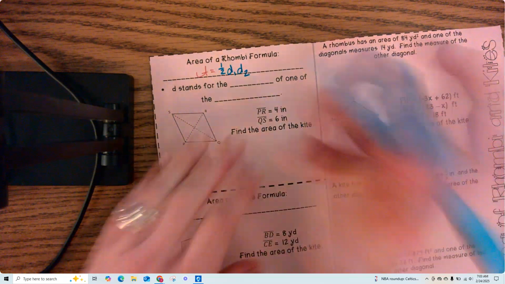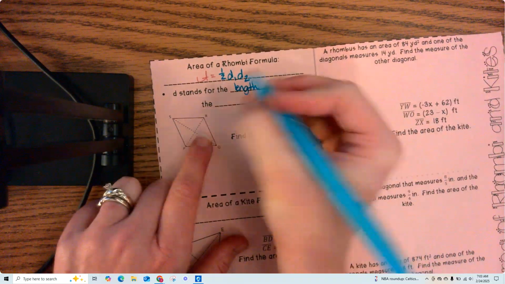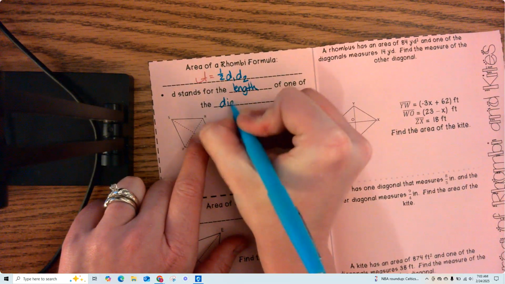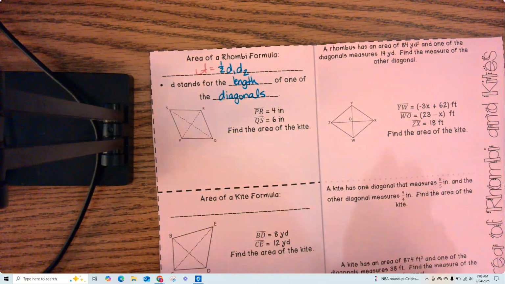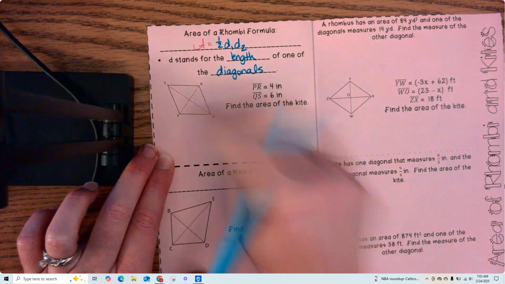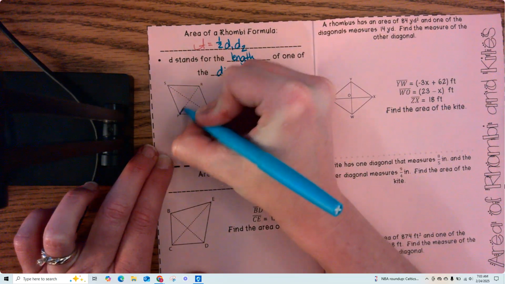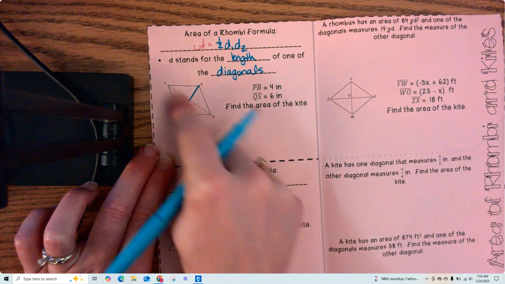So D stands for the length of one of the diagonals. If we've got this kite here, and it says PR is 4, so that's this one is 4, and then QS is 6. That's this one.